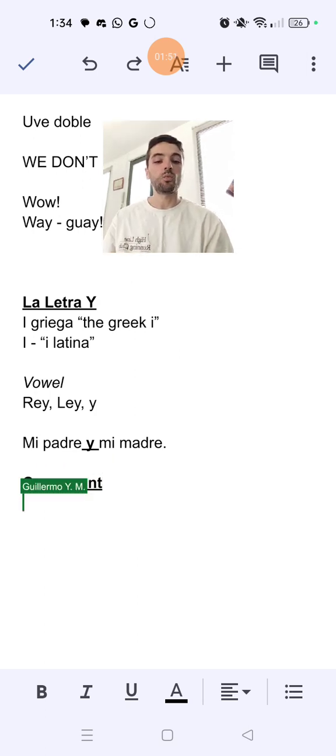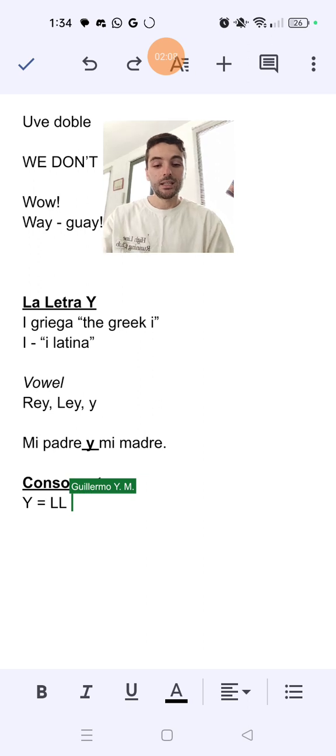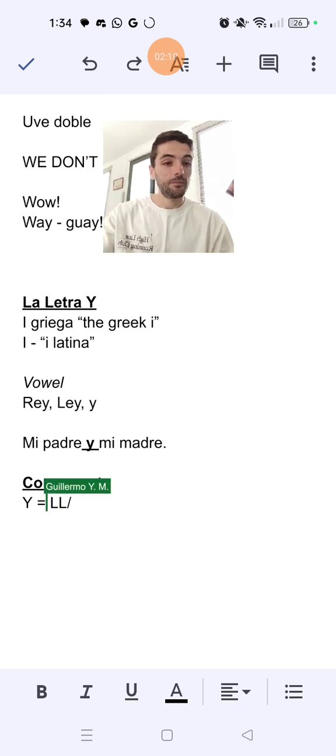Now, the letter Y as a consonant makes exactly the same sound as the double L. Okay, this can be confusing. So, the Y and the double L sound the same.